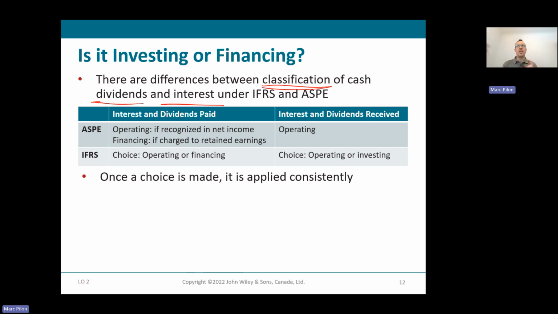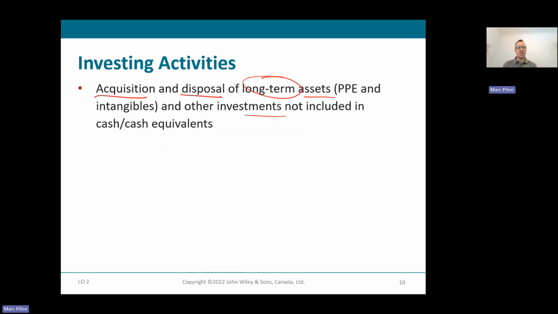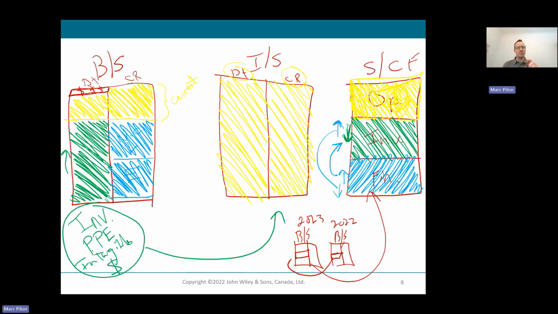And the water gets muddy, because if I show you my diagram, dividends and interest are very similar. Dividends get paid to shareholders, it's their return on investment. But interest is paid to lenders, and the interest is their return on investment. So they're really similar.